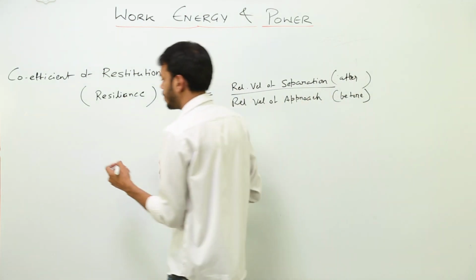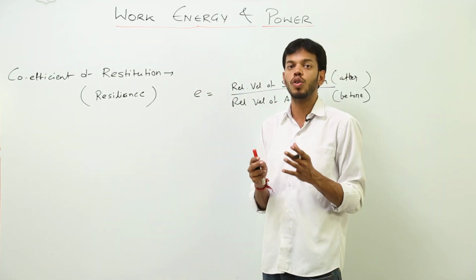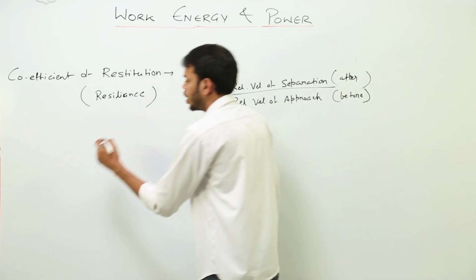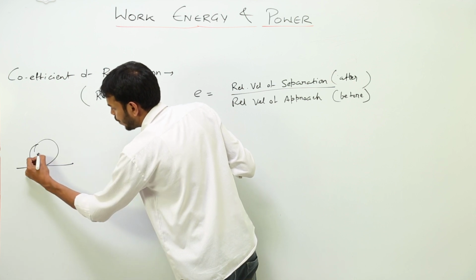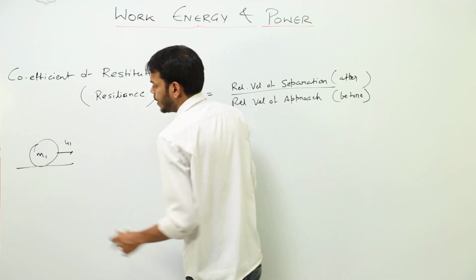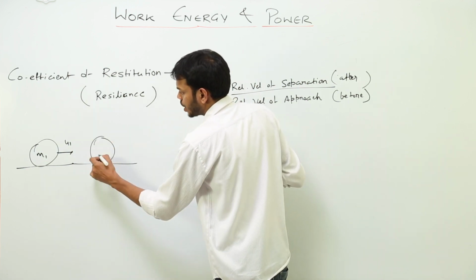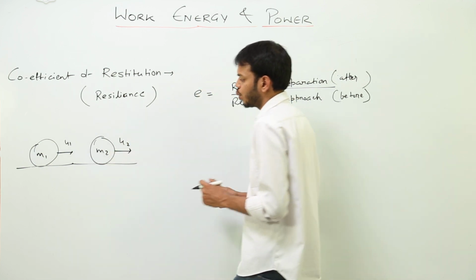Okay, I'll give you an example, the same scenario which we are going to take for deducing the expressions for elastic collisions. First of all, consider a body of mass m1 moving with initial velocity u1, and another body in the same direction of mass m2 moving with initial velocity u2.